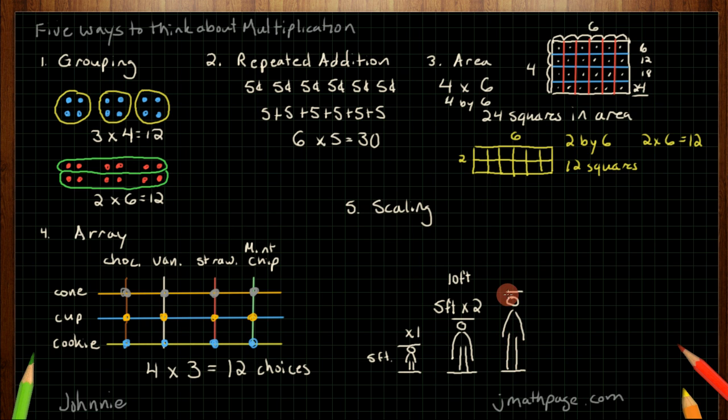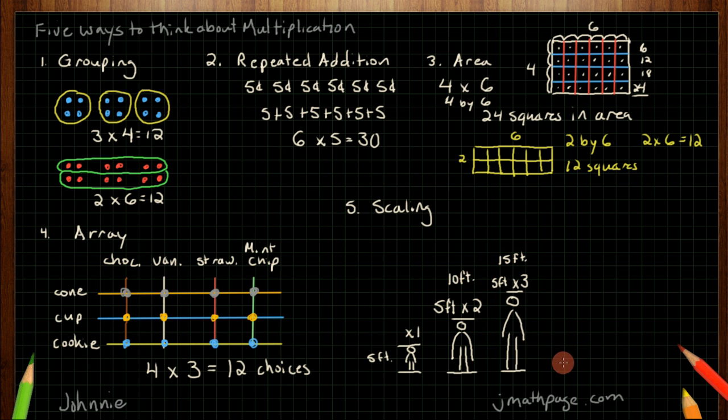This person is 3 times as tall as the first person. If this person was 5 feet tall, how tall would this person be now? Well, they'd have to be 5 feet times 3 tall. And how much is that altogether? Well, that's 5 and 5 and 5 more. This person will have to be 15 feet tall.